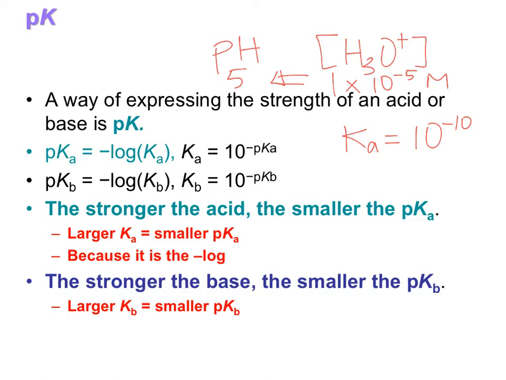We can take that really small number and calculate something called the pKa, and then we get a more normal number. We would basically take the exact same calculation that we do for pH and do that for pKa. So the pKa for this would be 10. The calculation is right here.